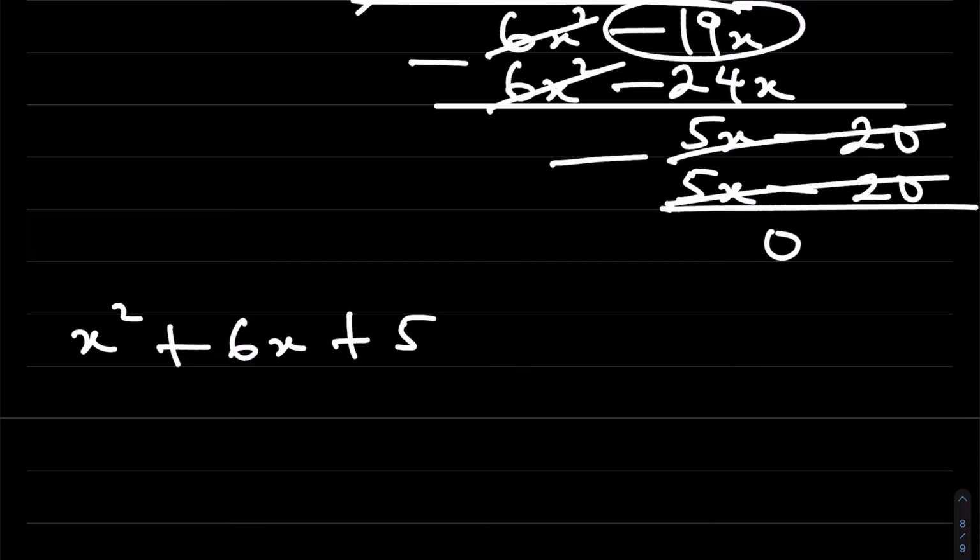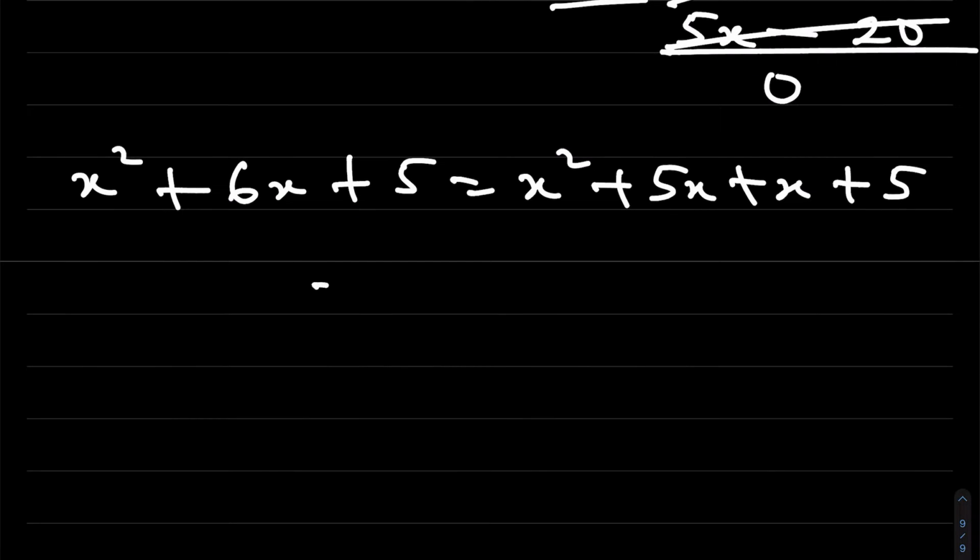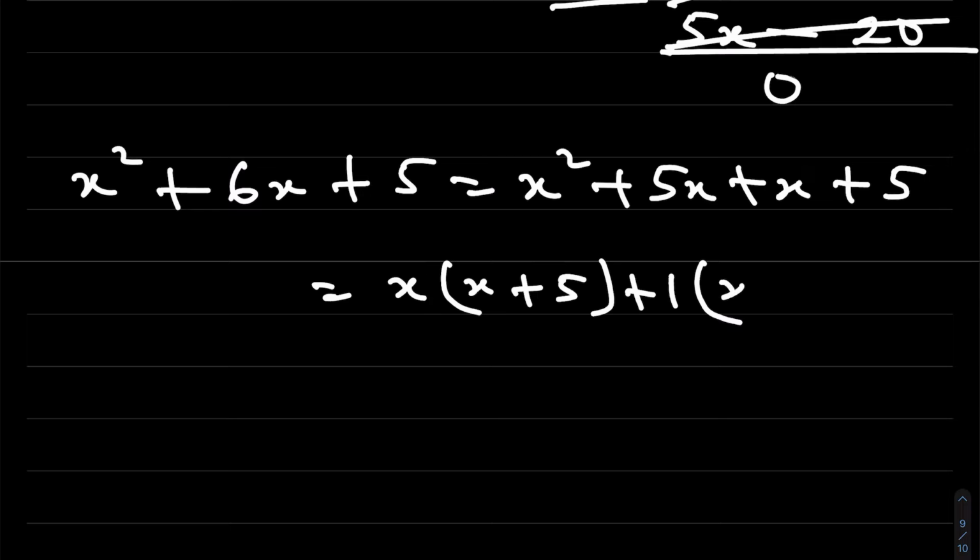The remaining 2 factors are what we're going to get when we factorize this. This is x squared plus 5x plus x plus 5, which is equal to x into bracket x plus 5 plus 1 into bracket x plus 5.